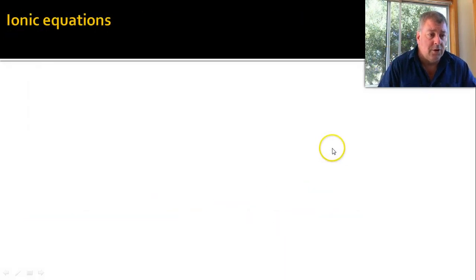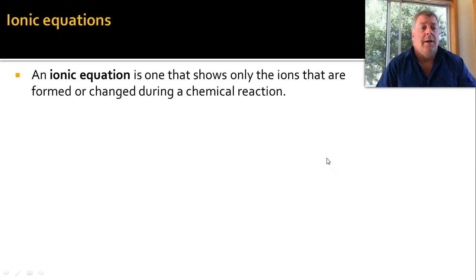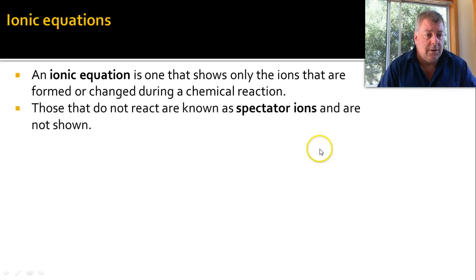Right, ionic equations, which we've also mentioned. These are basically the nuts and bolts of what happens in the equation, getting rid of anything else that hasn't occurred. The ionic equation only shows those ions that have formed or changed during a chemical reaction. Anything that hasn't changed we refer to as spectator ions.